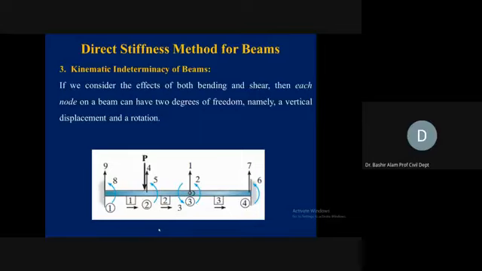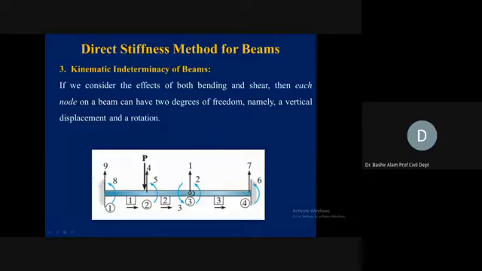Now, if we consider the effects of both bending and shear, as we do in the case of beam elements, then each node on a beam can have 2 degrees of freedom, namely a vertical displacement and a rotation.